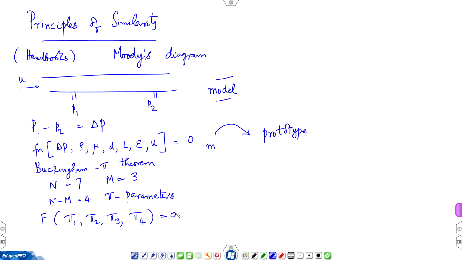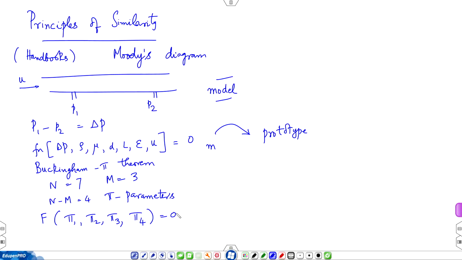So, right now it may seem as if I am telling you what the basis should be, later it will be clear to you. I mean, on your own you would choose the same basis. But the choice of these pi parameters indeed depends on what your basis is.